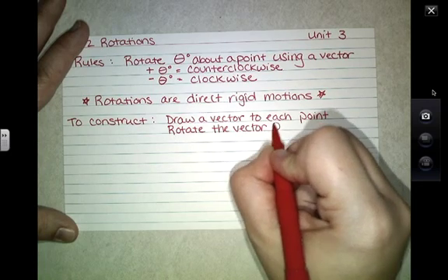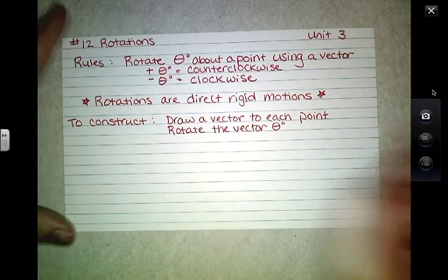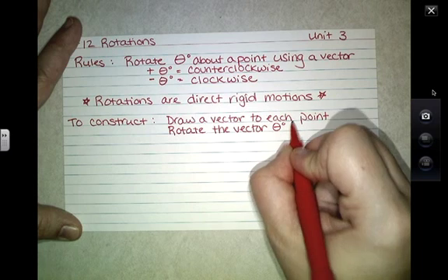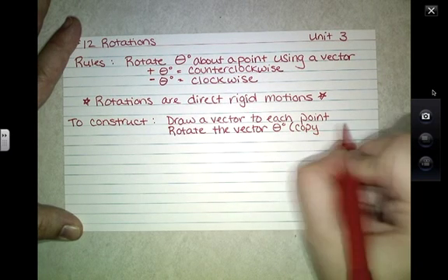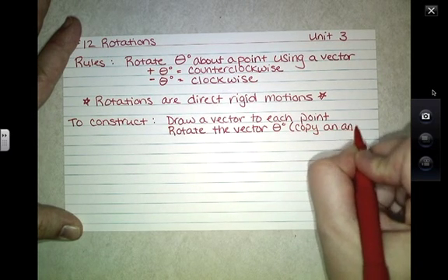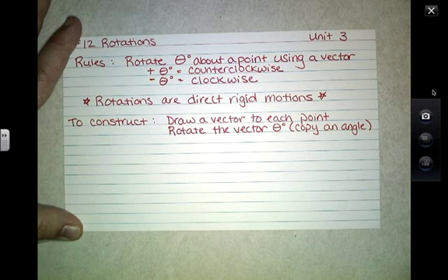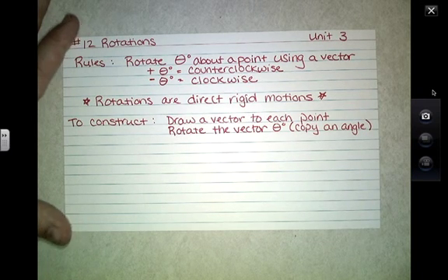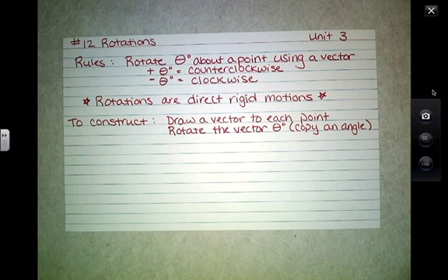So you're going to rotate the vector, let's say theta degrees, because it could be any number of degrees. And we're going to do that by using the construction for copy an angle. And remember, the vector has both direction and magnitude. When you rotate it, you've got your direction, but you need your magnitude, which is your length.